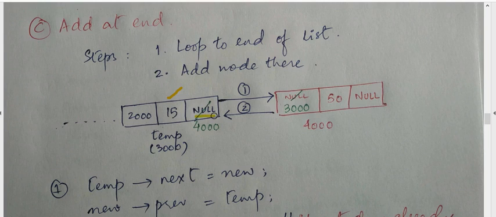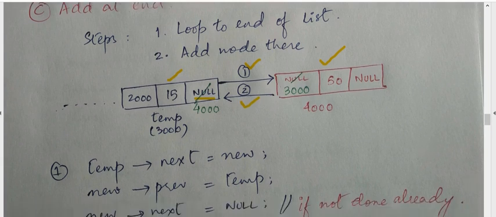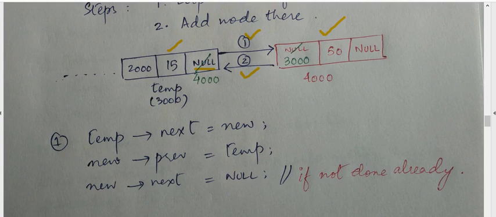Initially it had the value null, and after we allocate memory for node 50, we make 15 point to this new node, that is step 1, and we make this new node point to 50. So you write your traversal loop and you reach the end of the list. How do you do that? While temp to next is not equal to null. When temp to next is null, you come out of the loop and you do step 1.